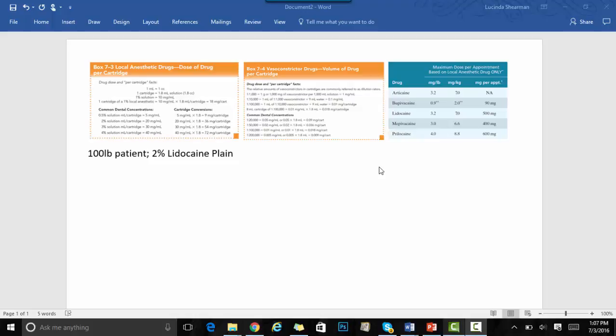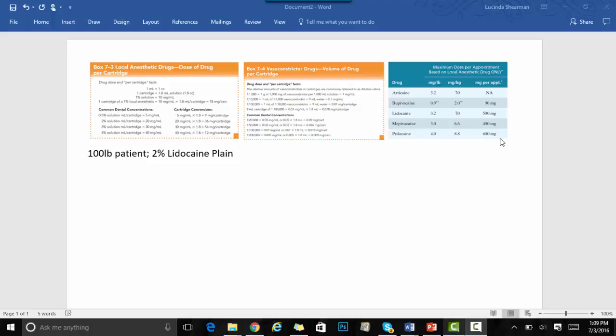So once it's been determined which anesthetic drug you're going to be using on your patient, whether it be lidocaine or articaine, mepivacaine, prilocaine, or whatever, you'll need to keep 3 maximum recommended dosages, or MRDs, in mind. First is the absolute MRD for whatever particular anesthetic you're using.